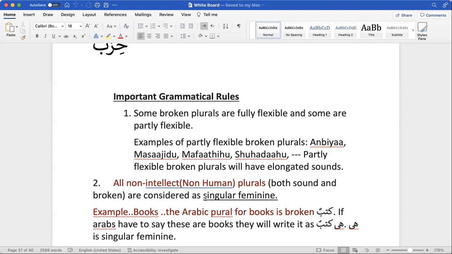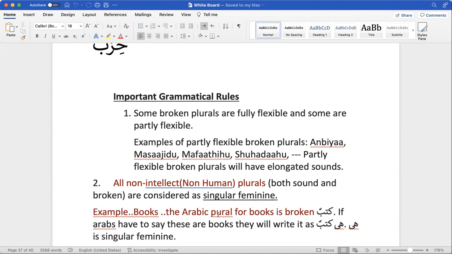They are always considered as singular feminine. What does it mean? When we use those plurals, we will use them as singular feminine.